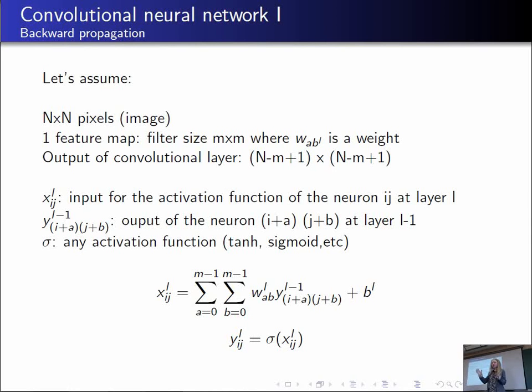As I said, it's your local receptive fields that has dimension m by m. So it's maybe the only big difference with basic neural networks. So you can see m minus 1, m minus 1.